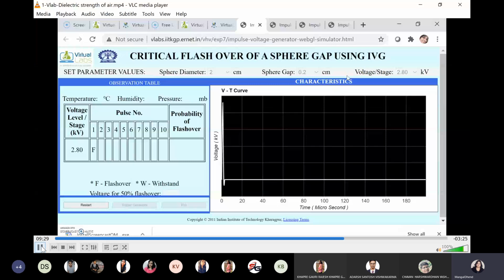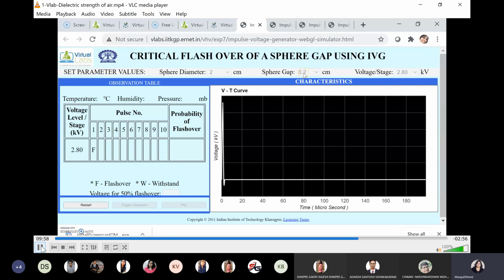Now you got breakdown voltage 2.8. No doubt, when the gap distance was 0.2 centimeter and diameter was 2 centimeter, you got 2.8 kilovolt. Yesterday in the theory lecture, we discussed the effect of diameter on breakdown voltage. If diameter is increased, what will happen to breakdown voltage? That we will observe. But to observe the effect of diameter, you have to keep the gap distance the same.